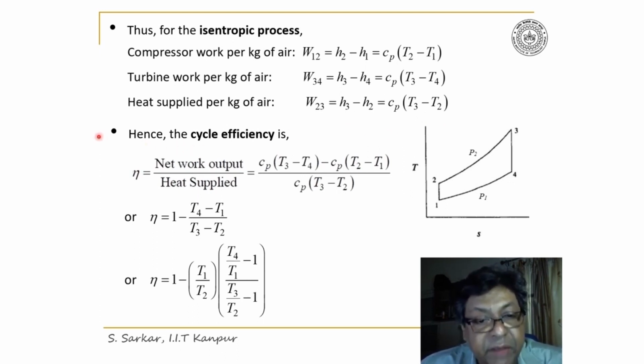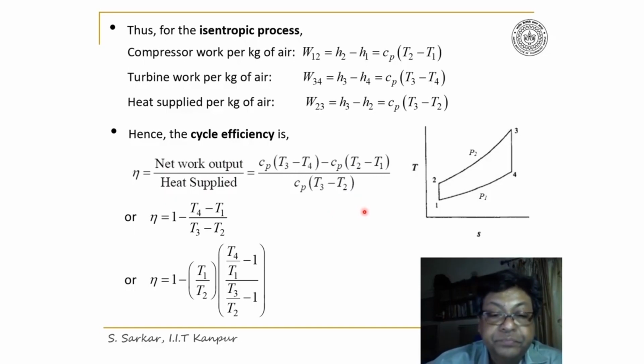Thus, cycle efficiency can be expressed as eta equals net work output divided by heat supplied. So, turbine work minus compressor work divided by heat supplied. I have expressed this as Cp into (T3 minus T4) minus Cp into (T2 minus T1), divided by Cp within the bracket (T3 minus T2).